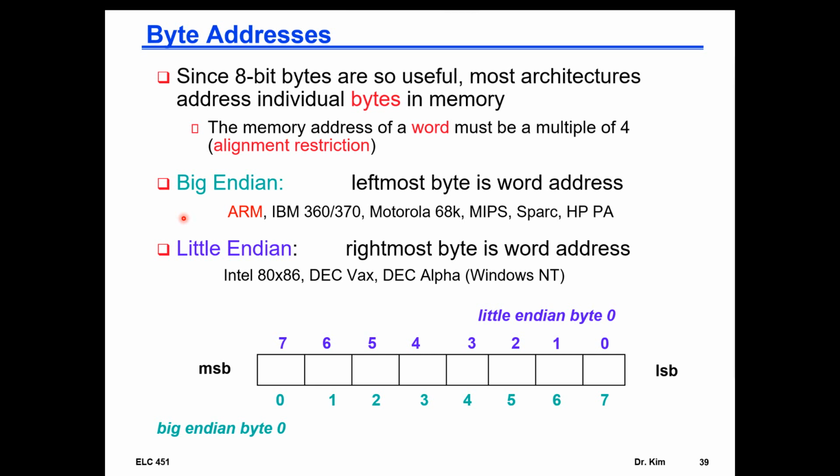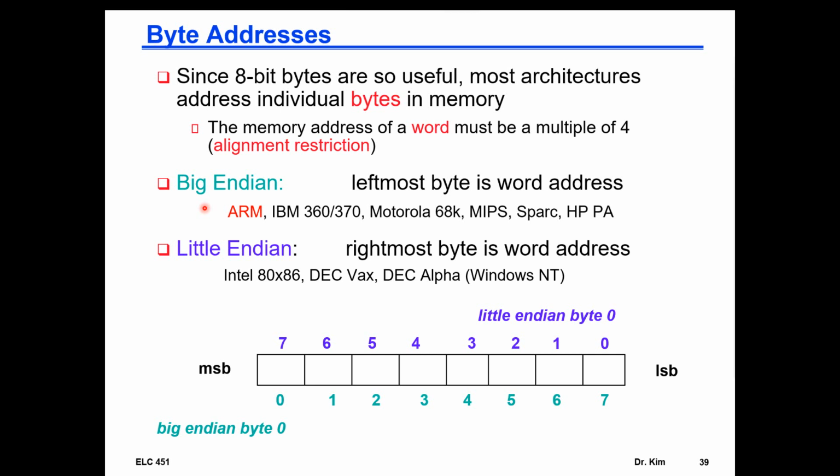So what we're referring to is that when you have a data structure that takes multiple bytes, let's say in this case I have a word and each word is 8 bytes.